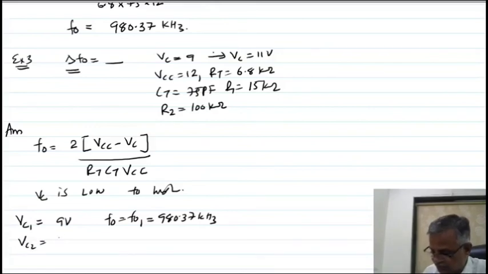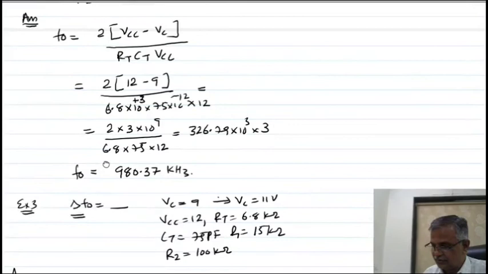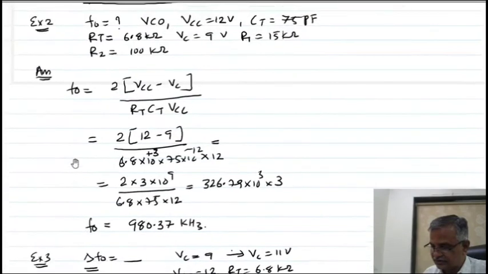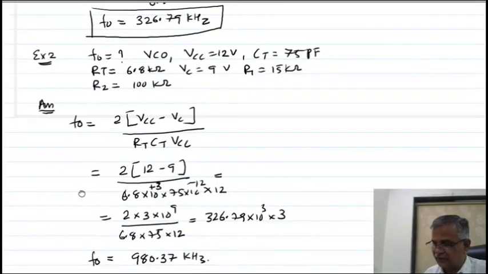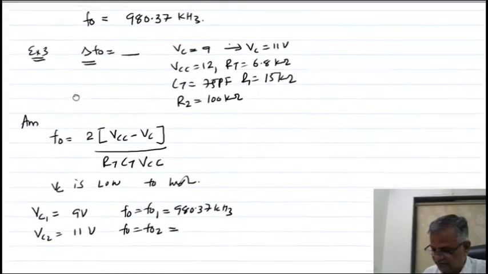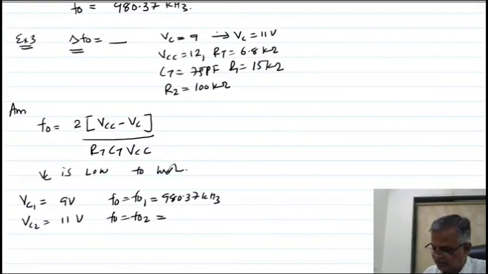As VC2 is 11, let me write FO2 is nothing but 326.79 kilohertz. So change in the frequency of oscillation is FO1 minus FO2.